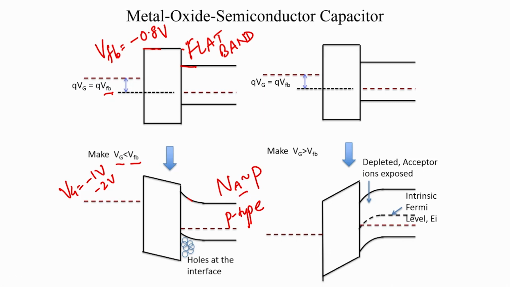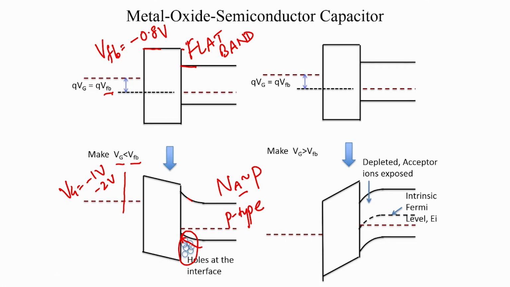So, plenty of holes, and these holes are going to start running up the hill and accumulate at the interface. So, as I continue making Vg less than Vfp, we are going to encourage holes to appear at the interface.